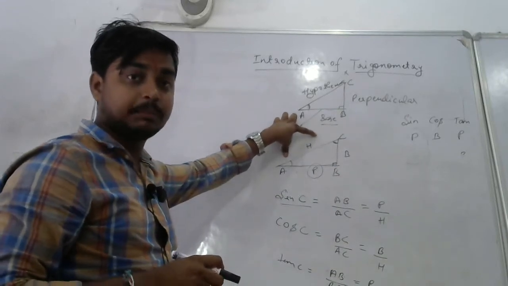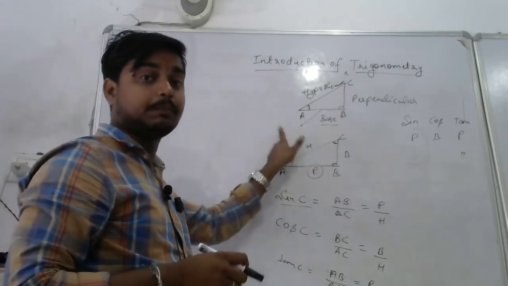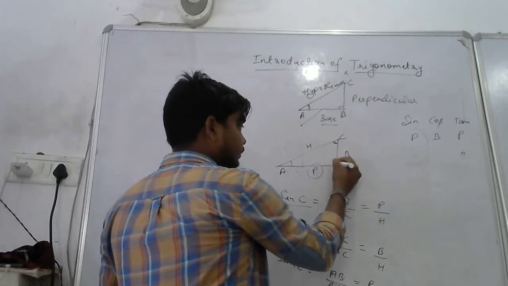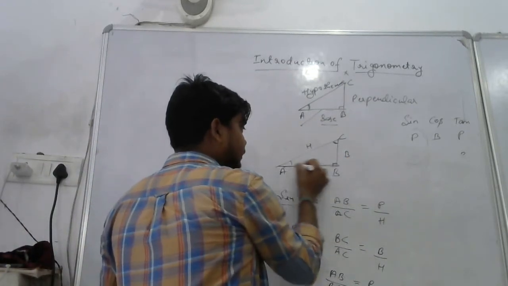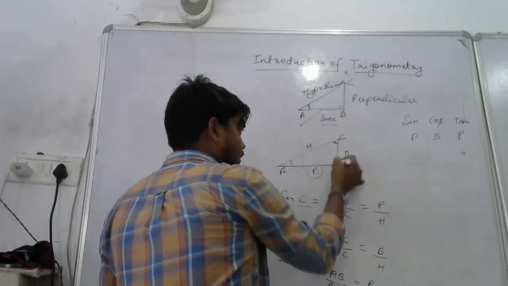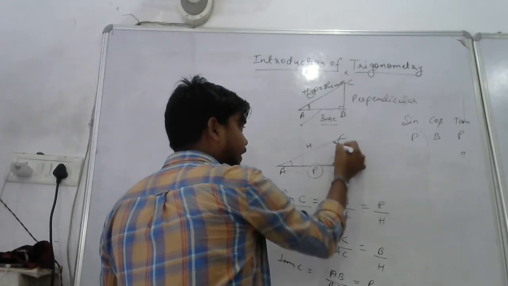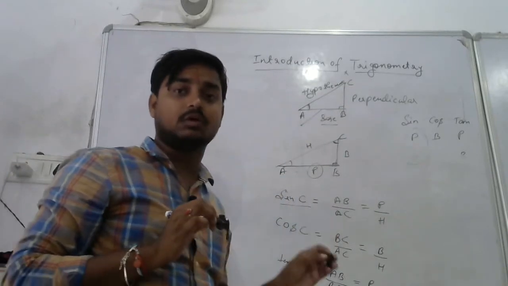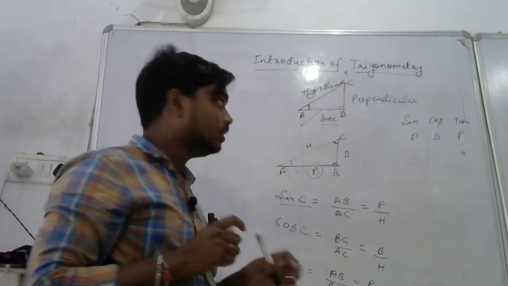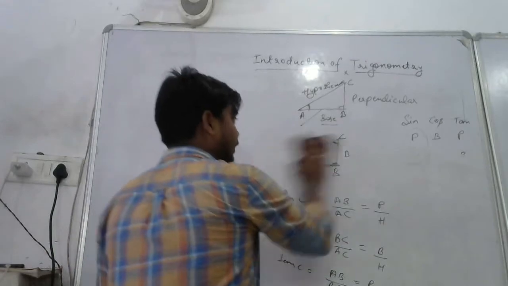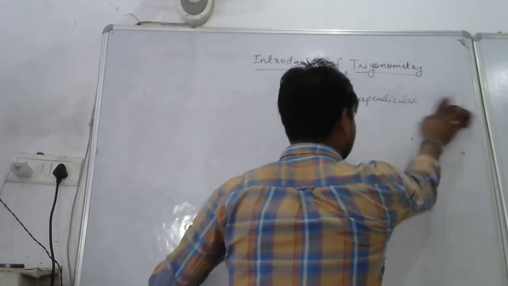Similarly, for angle A this is the base and this is the perpendicular, and for angle C this is the base and this is the perpendicular. So we can easily calculate the trigonometric ratios, calculating all the remaining trigonometric ratios if one trigonometric ratio is given.